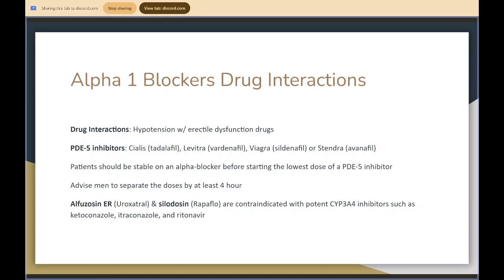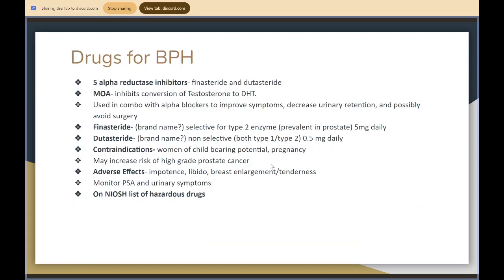All right. Continuing to the next slide. All right. Other drugs for BPH, we have 5-alpha reductase inhibitors. Now, if you recall, 5-alpha reductase converts testosterone to DHT, and therefore, if we're inhibiting it, it will inhibit the conversion.